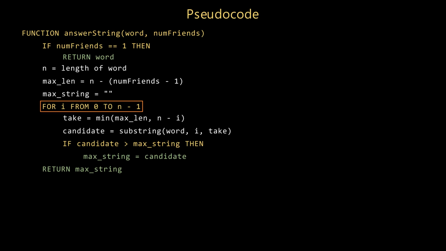Loop i across every start index from 0 through n minus 1. Take is the smaller of max len and the tail room n minus i. Candidate is the substring of word starting at i with length take. If candidate beats max string lexicographically, update the best. Set max string to candidate. Return max string.